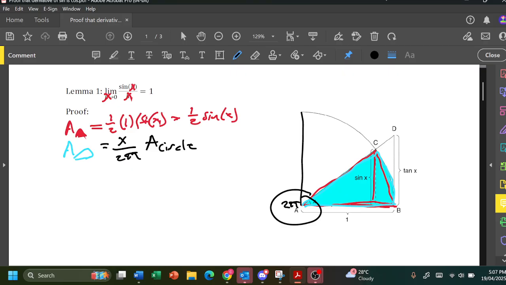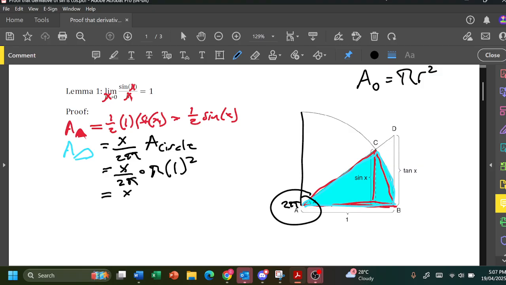Now, what is the area of a circle? Well, if we recall, the area of a circle is pi times radius squared, and the radius of this overall circle here is going to be equal to 1. So therefore, the area of this wedge is going to be x divided by 2 pi times the area of the circle, which is pi times 1 squared, because the radius of this unit circle is just equal to 1.